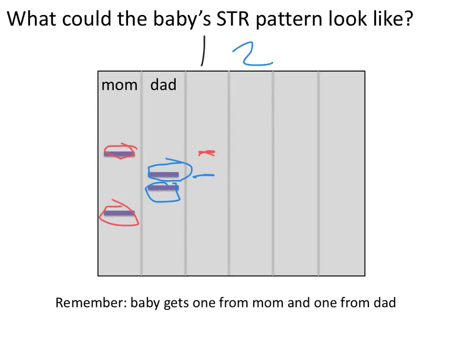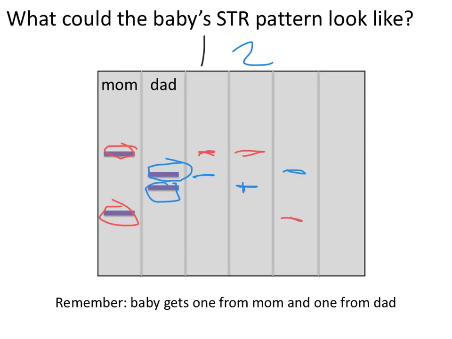Baby 2 gets this from dad, that's the lower one, and this same one from mom. Baby number 3 gets this from mom and this from dad.